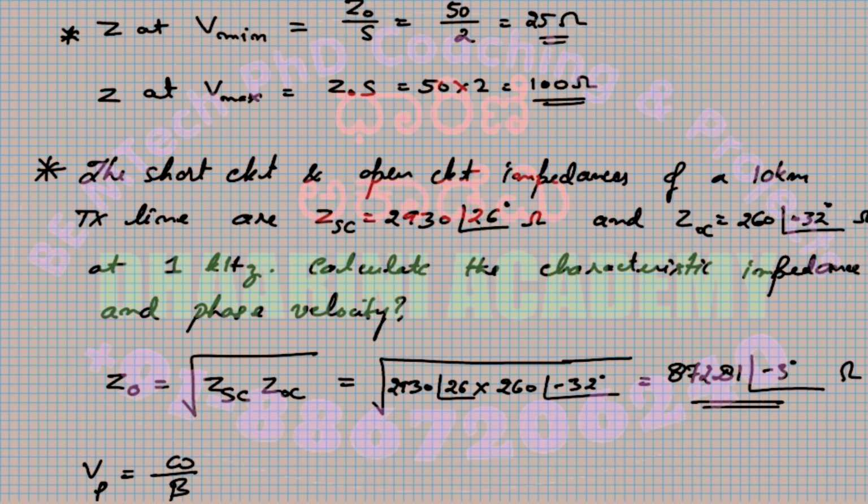Now, in this question they're asking why we cannot apply the 1 kilohertz. I'm trying to answer that question. These values are obtained at 1 kilohertz. It is not that you are sending 1 kilohertz always.